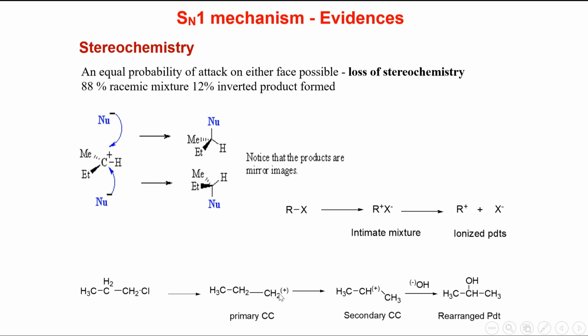As we expect, Z minus or any alcoholic group OH minus can attack to give a propyl alcohol, n-propyl alcohol to be precise. However, it does not give n-propyl alcohol. Instead, it gives a secondary alcohol, that is 2-propanol instead of 1-propanol.